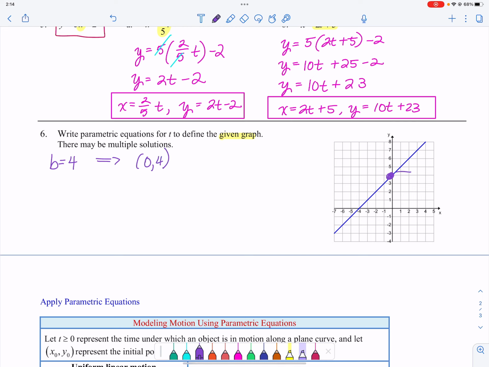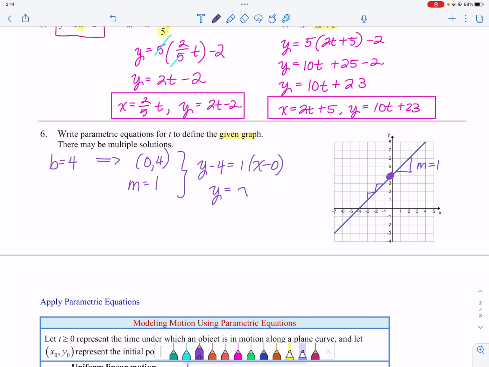Also, let's note that this slope is equal to 1. Up 1 over 1, up 1 over 1. So we have slope equal to 1. And with that, we have y minus 4 equals the slope, x minus 0.